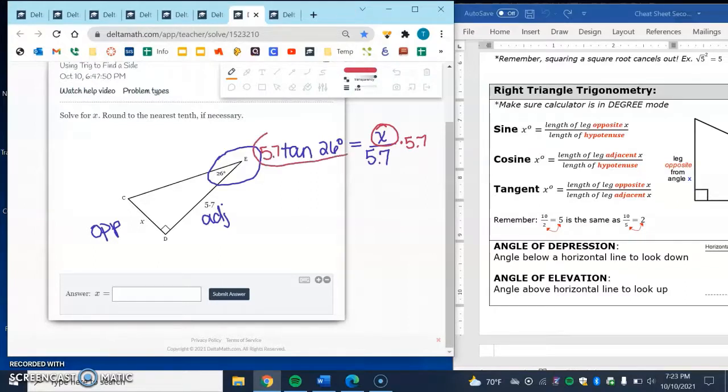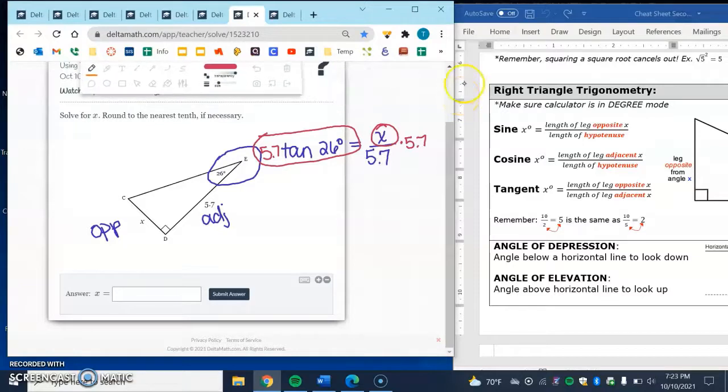And when I type 5.7 tangent 26 degrees into this calculator, or your regular graphing calculator, or the Delta Math calculator, you can type it in or you could go to the keyboard and click on tangent. That's going to give you the length of the leg.